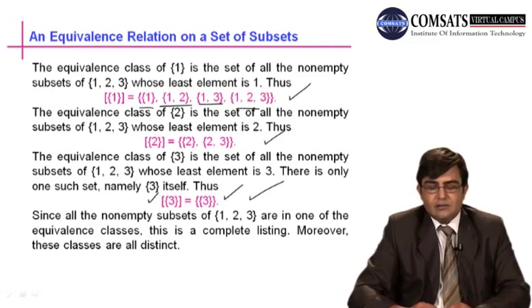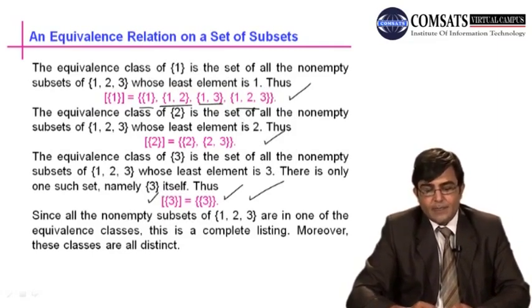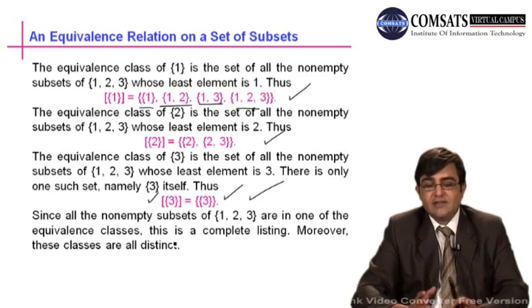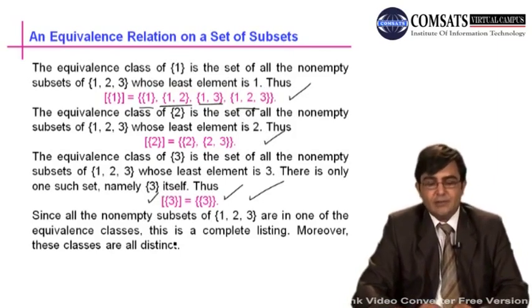For today, I think it's enough, and in the next lecture we shall discuss some other properties of the equivalence relation, and then the properties of the equivalence classes. What we have discussed today: we have defined a relation induced by a partition.